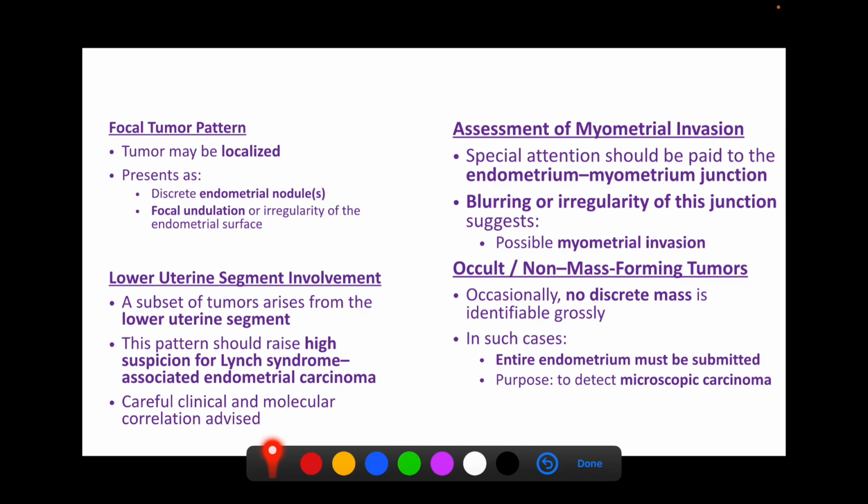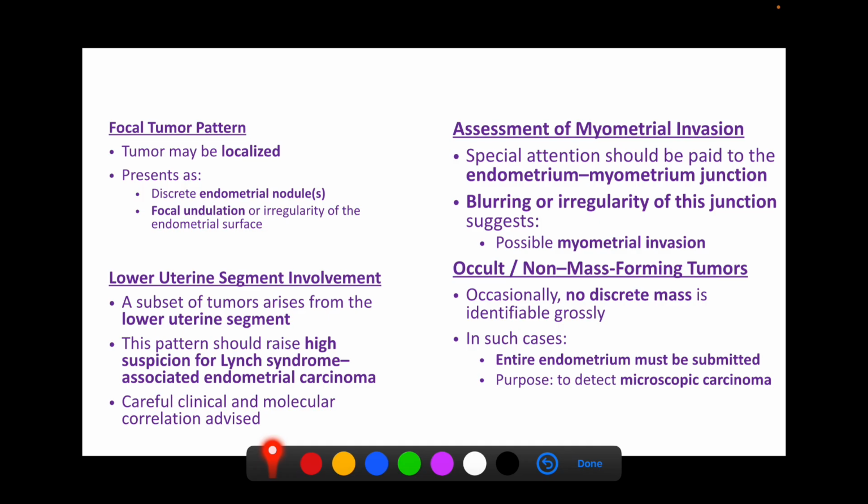So it is called focal tumor pattern, which is localized in nature. If tumor is present in the lower uterine segment, then it should raise high suspicion for Lynch syndrome associated endometrial carcinoma, and careful clinical and molecular correlation is advised.